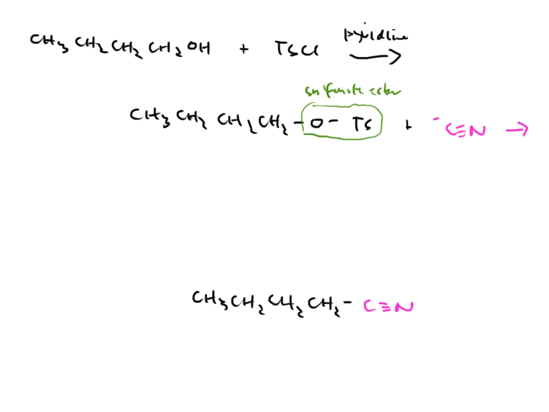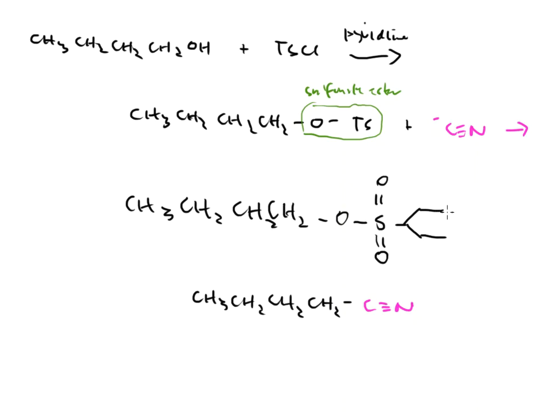Now, here's the thing. I told you that we're using abbreviations, but let's draw out the real thing. Tosyl chloride. Keep in mind what that structure is. So what we end up with here is CH3, CH2, CH2, CH2, oxygen, this sulfur double bond O, with this ring structure that's delocalized and a methyl group.